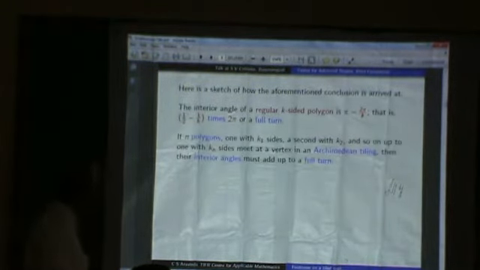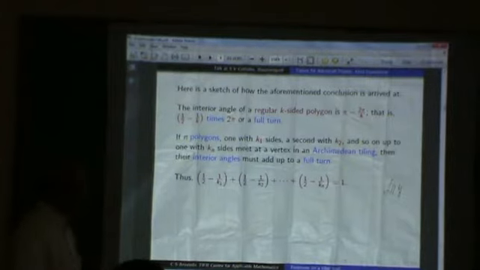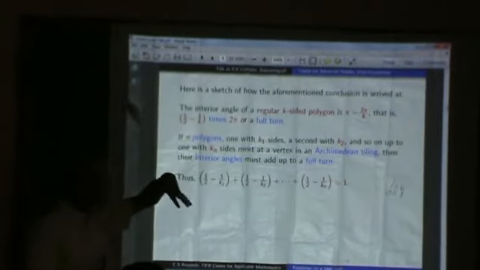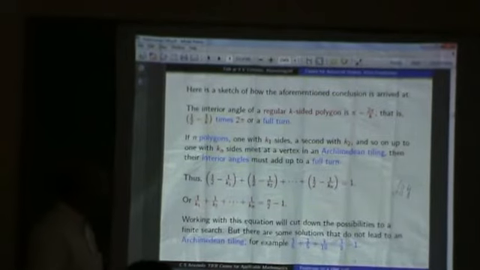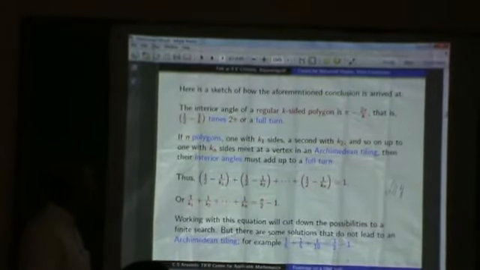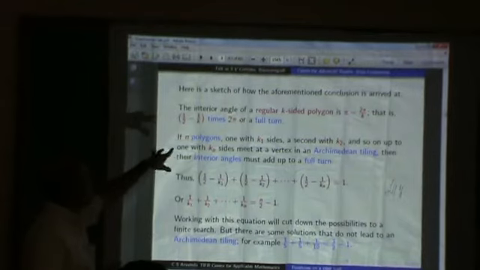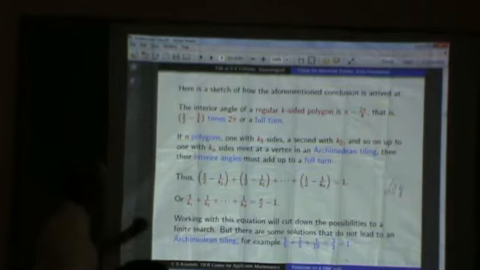Next. So first, let me quickly sketch how you can cut down the possibilities to 21. The interior angle of a regular k-sided polygon is given by a simple formula: pi minus 2 pi by k, which simplifies to (1/2 minus 1/k) times 2 pi. Since 2 pi is one full turn, I'll think of it as a full turn.